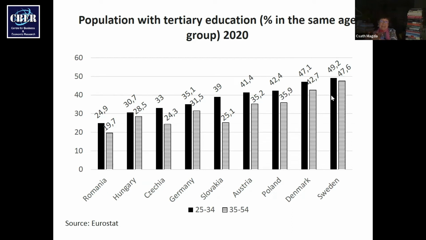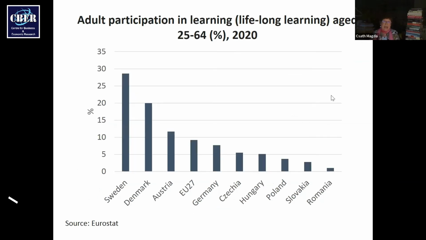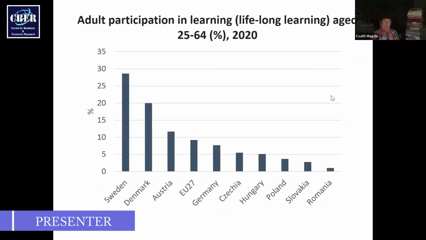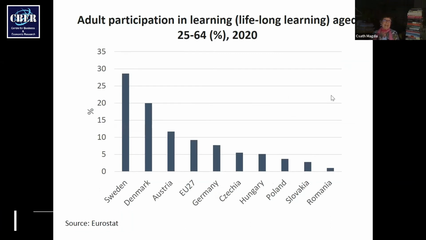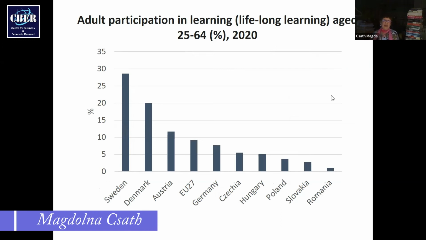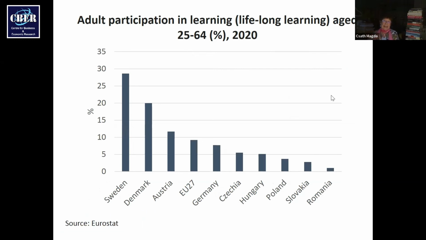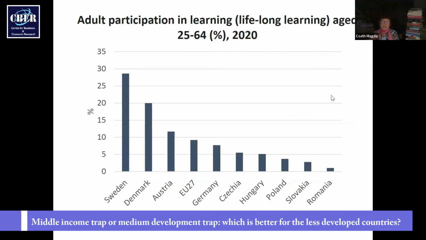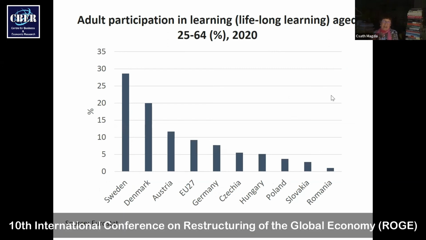And at the other end, we have Denmark and Sweden with a very high proportion of people with tertiary education. Another important human quality indicator is the so-called adult participation in learning or lifelong learning. Again, we have very poor indicator values for the less developed countries within the European Union.